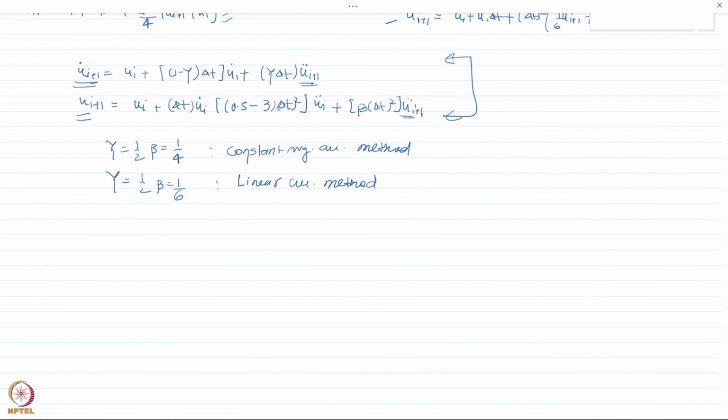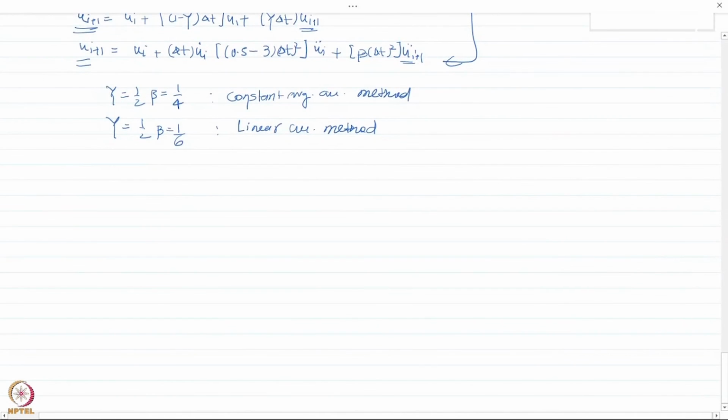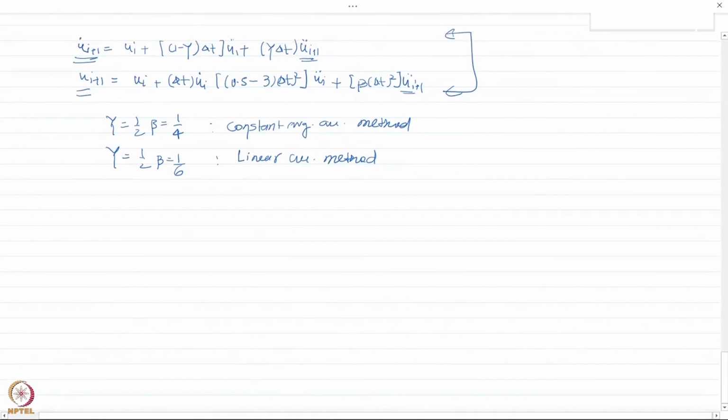So remember, unless I can write down the expression such that my current step can be calculated wholly based on the previous step, I would need to use an iterative method to solve the Newmark equation.